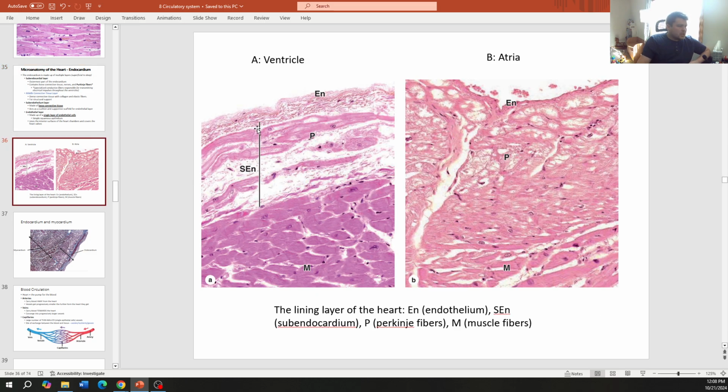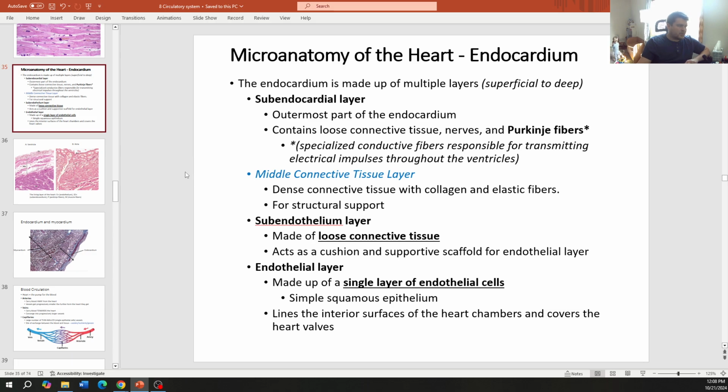Okay, so here we have these different layers. You can see right here, there's our myocardial muscle fiber layers. Here we have some Purkinje fibers running through there. There's the subendocardium, and then, of course, the endothelium right there. Like I said, don't pay a lot of attention to the middle connective layer.